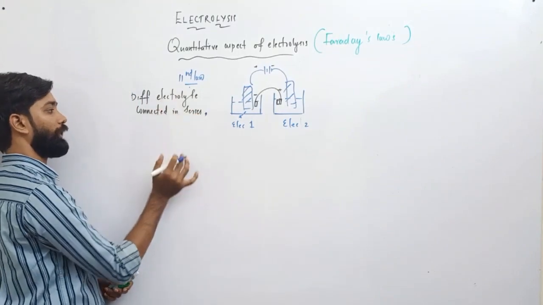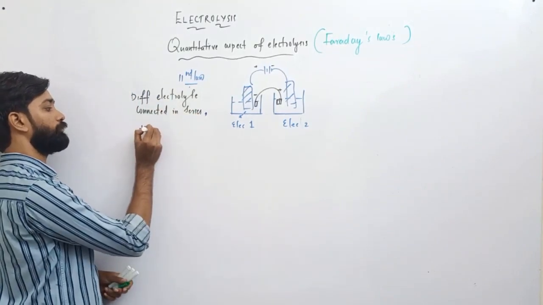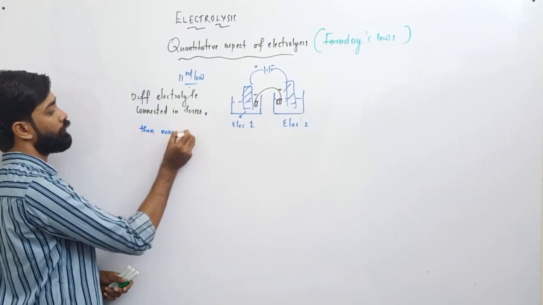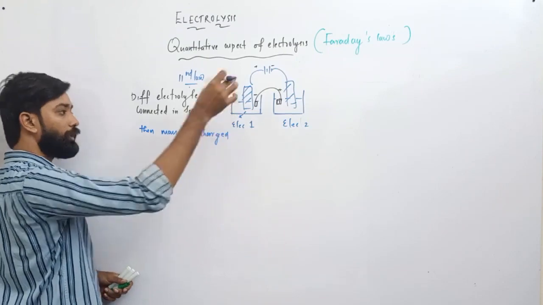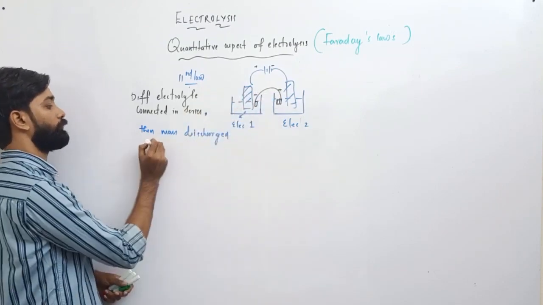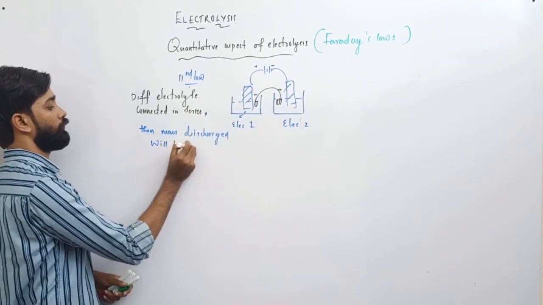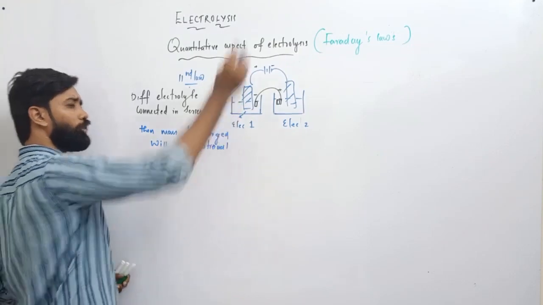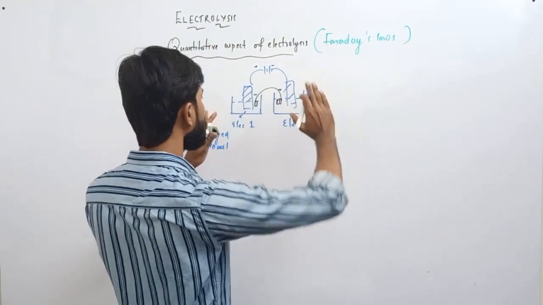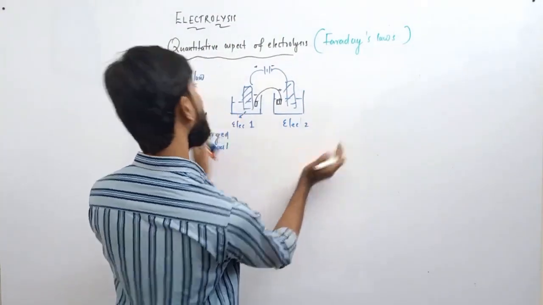So different electrolytes connected in series, then whatever the current supplied, the mass discharged will be proportional to their own equivalent mass.